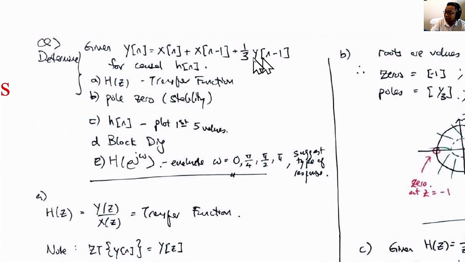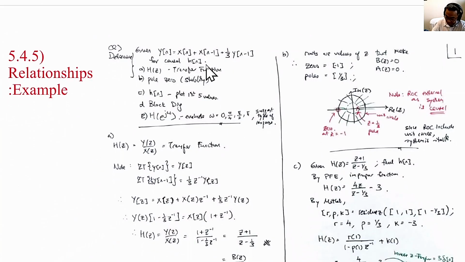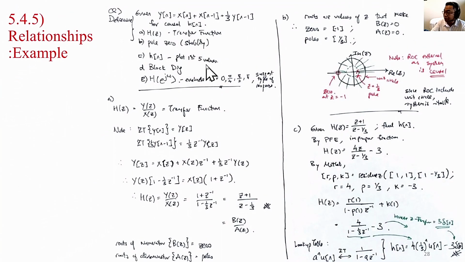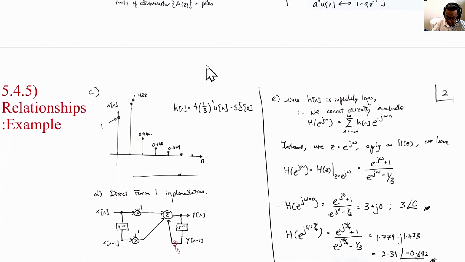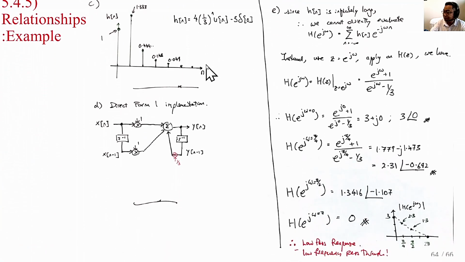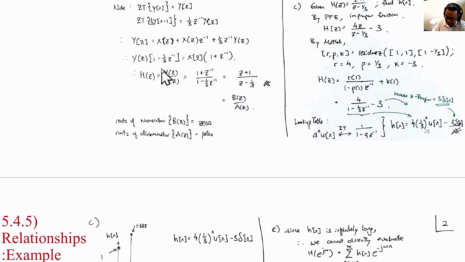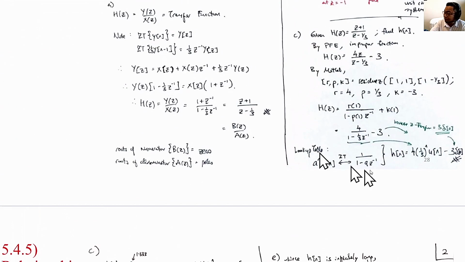It has only one pole and one zero. Just work through this and you will see how it is done. The only thing that might be difficult is to realize h of n. h of n is realized by the inverse Z transform here.